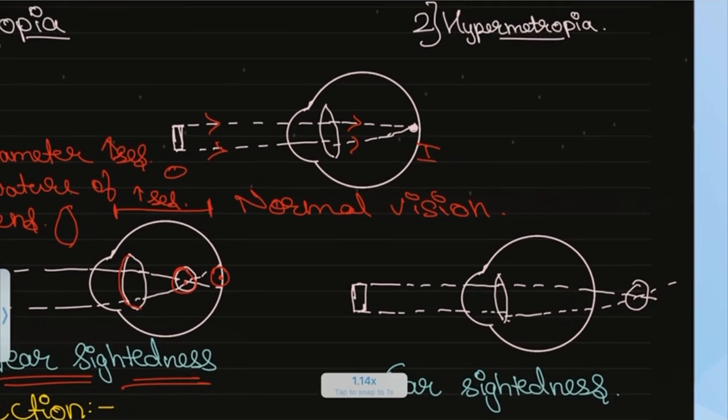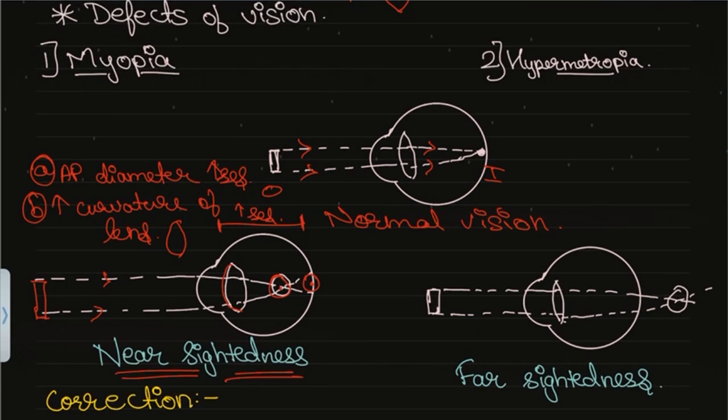Now, next, let us see what happens in hypermetropia. Hypermetropia is also called farsightedness because we can easily see far off objects, but nearby objects kept in our hand we are not able to see properly. So what happens in hypermetropia?